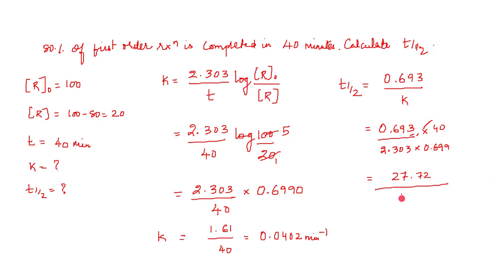It will be 1.61, this value, right. What I did is only multiply 40 here with 0.693, so you will get 27.72 divided by 1.61. You will be getting the answer as 17.21 minutes. T half is how much? 17.21 minutes.